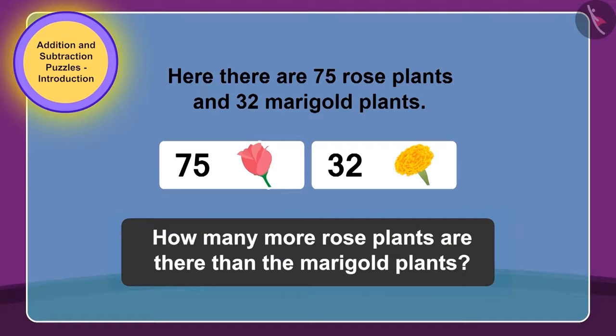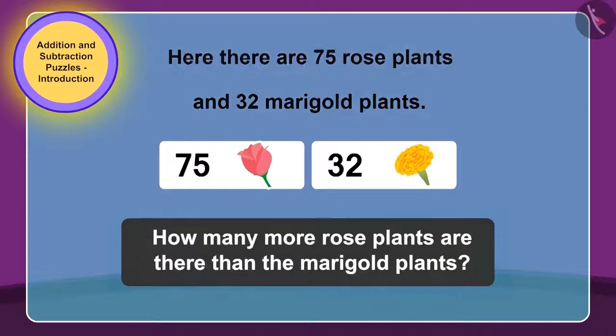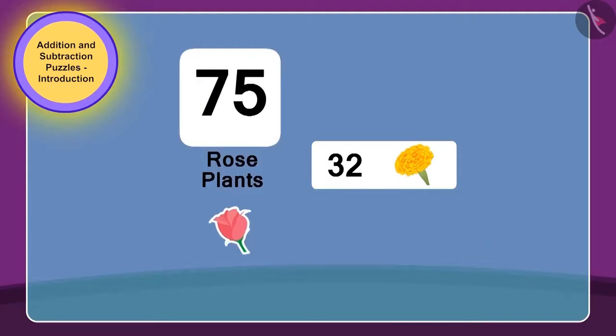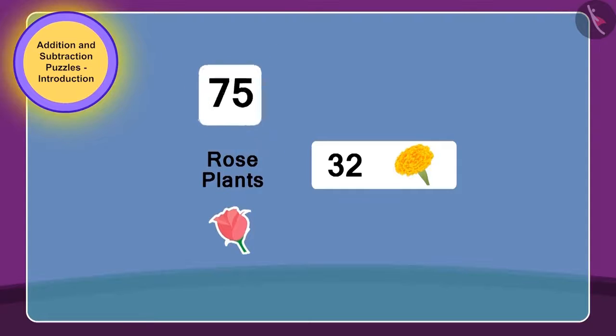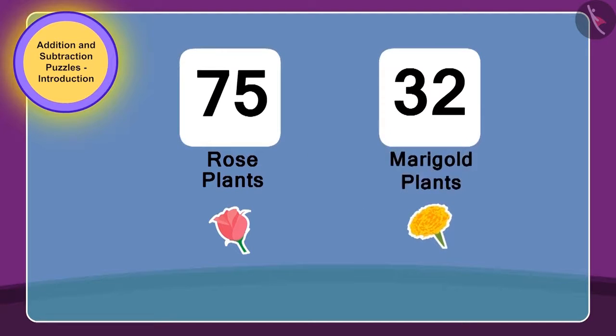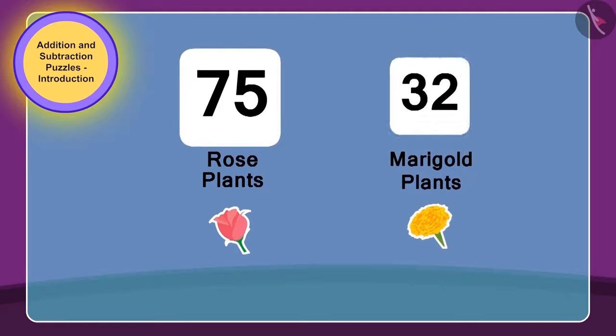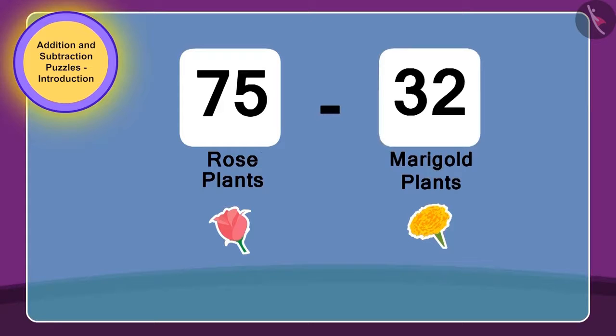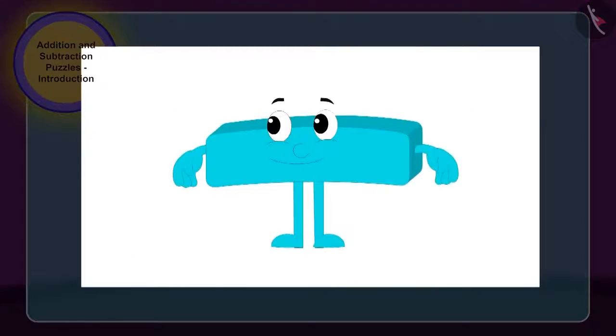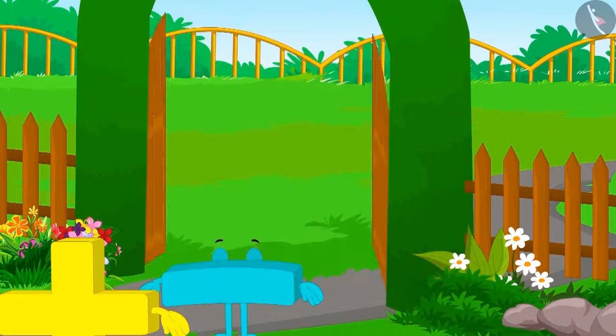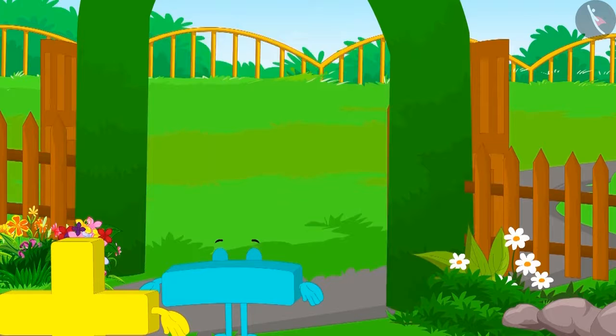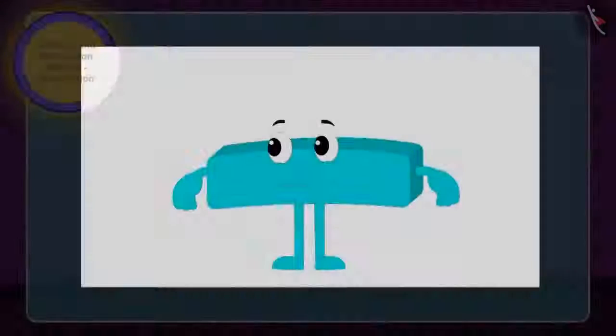Yes, children, you are guessing it right. To solve the puzzle written on the gate of the park, we need to subtract the number of marigold plants, 32, from the number of rose plants, 75. We have to use which method here? Subtraction. Therefore, the park gate opened easily by subtraction.